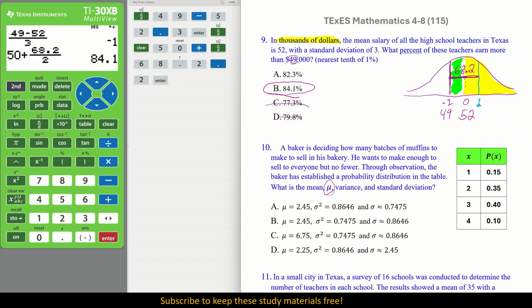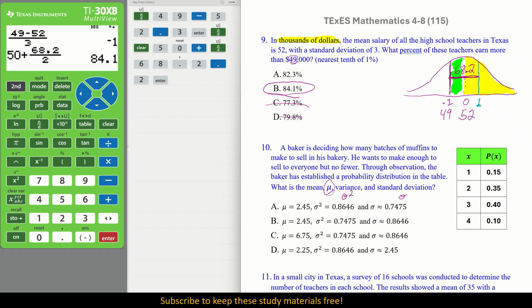Remember, this is our notation for mean, and the variance. That's sigma squared actually. That is sigma squared, the variance. And then standard deviation is sigma alone. So that's under the square root.